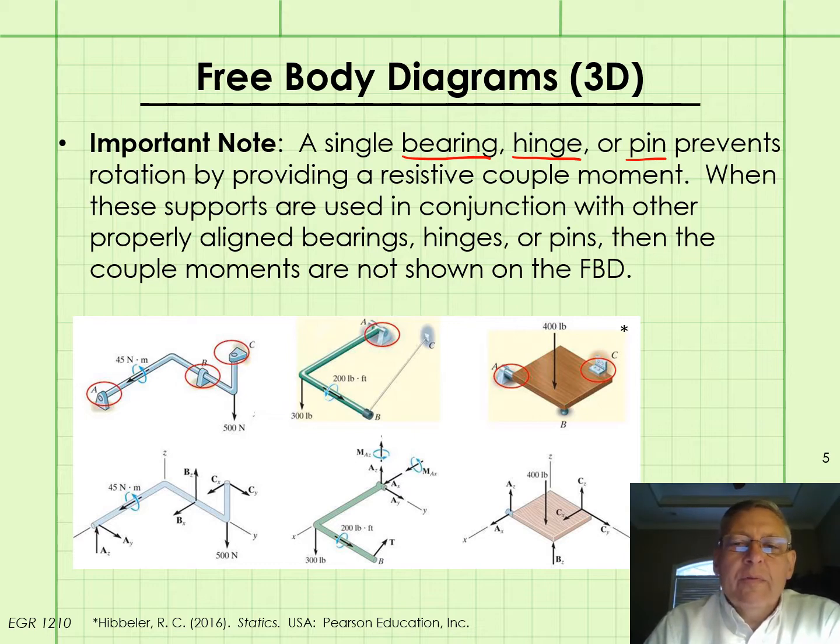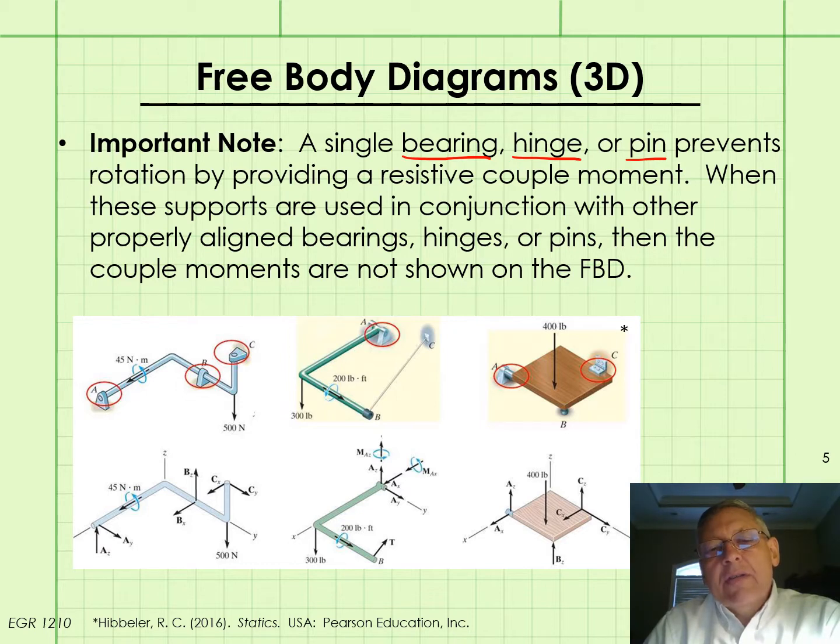Well, for purposes of this example, let's assume it's the x-axis, and they prevent rotation about the other 2 axes, namely the y and the z axis. So if we were showing the reactions for any of these 3 supports, we would include 2 moment components in that set of reactions.